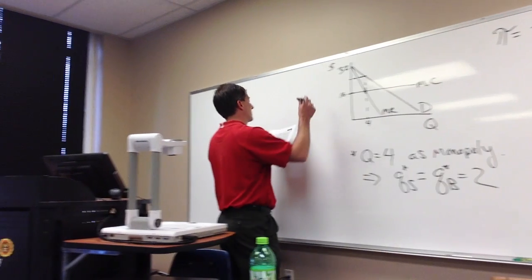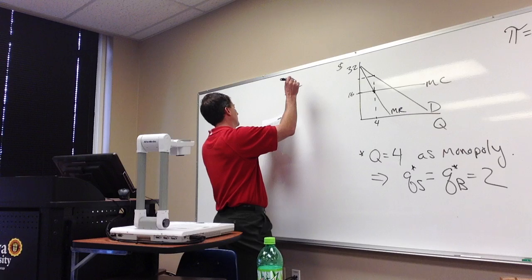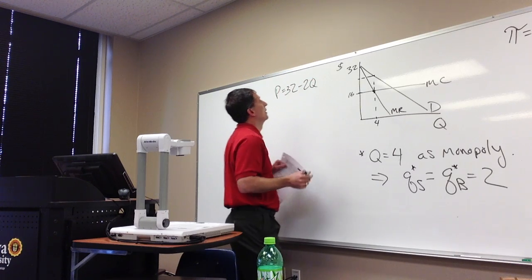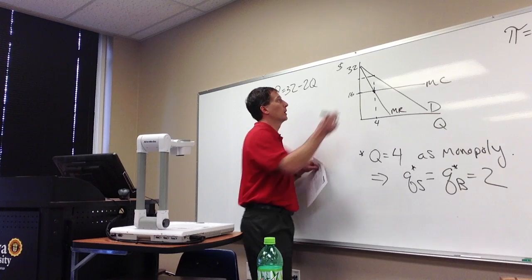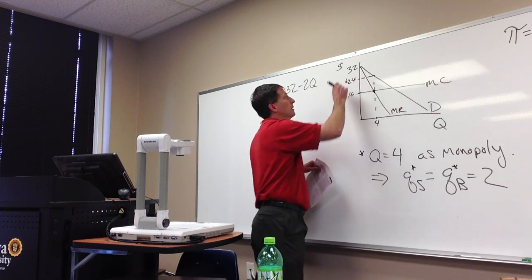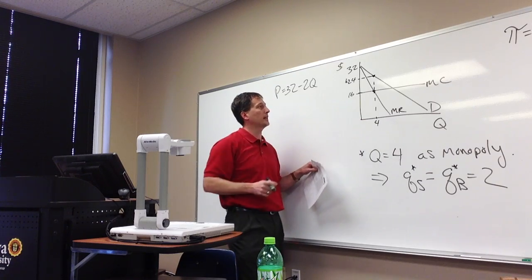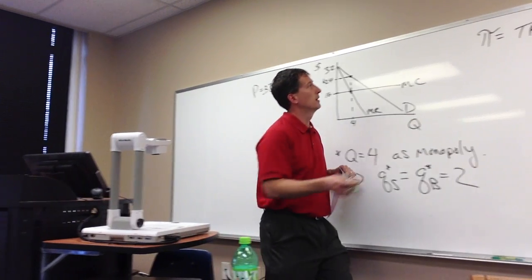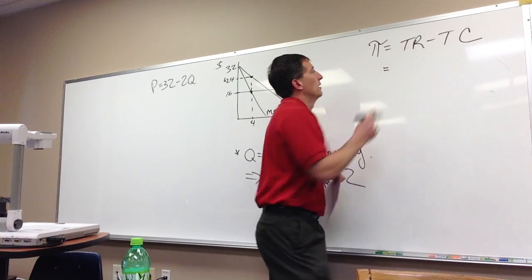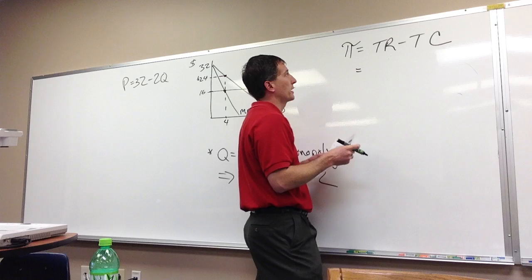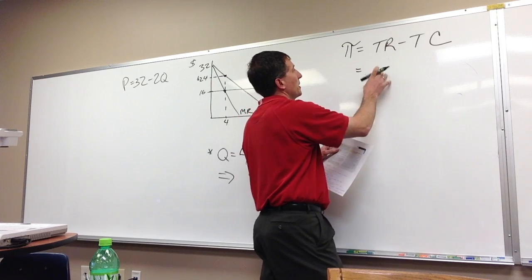Our inverse demand curve is 32 minus 2Q. So we're going to charge a price of 24, with a cost of 16. We're producing 2 units. Going back to the calculation, there was no fixed cost, remember?